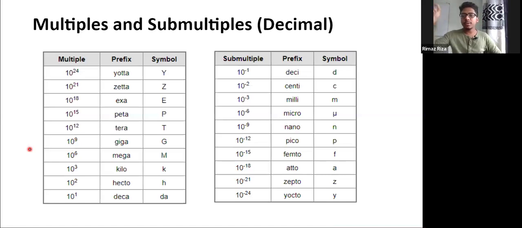You can't write 10 to the power, so you can say 1 followed by maybe 10 zeros, or however you can write the powers in text format. You can put 10 and then 5, like 10 to the 5. Oh my God, someone is saying septillion.